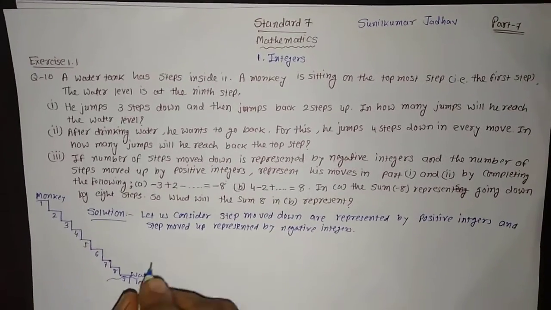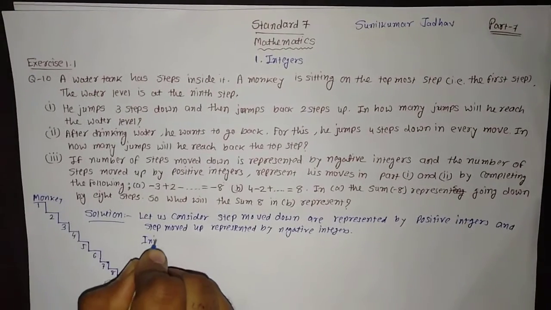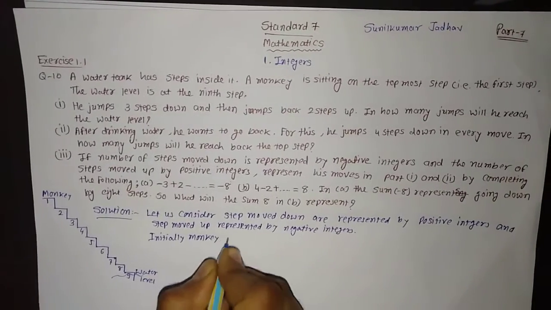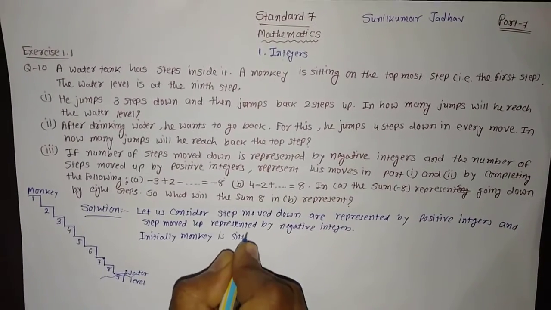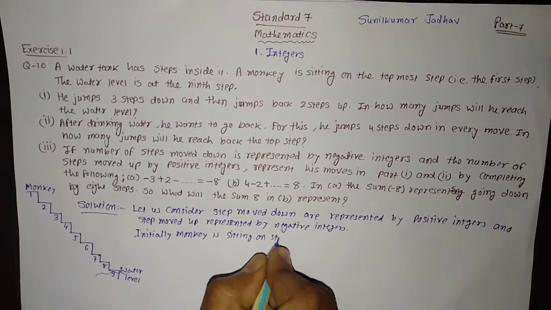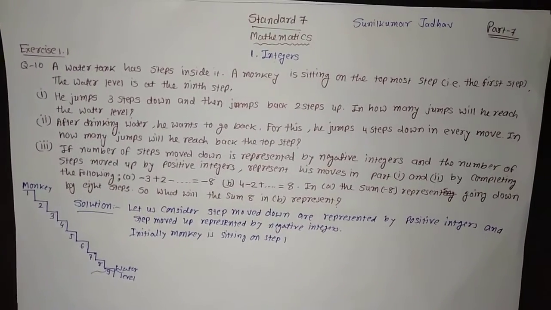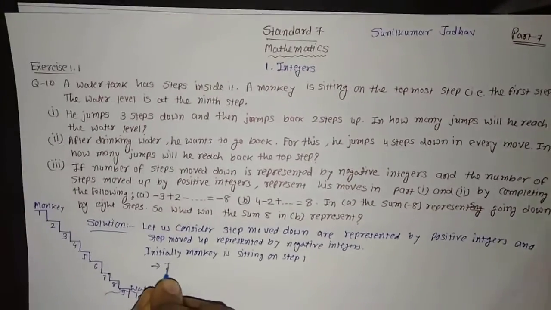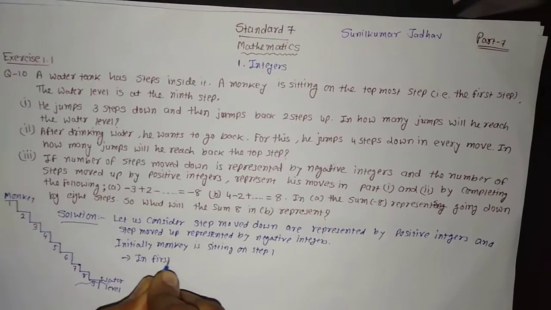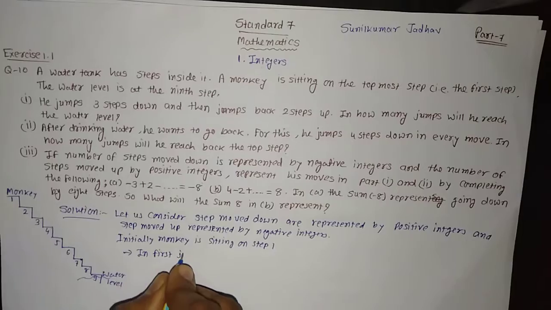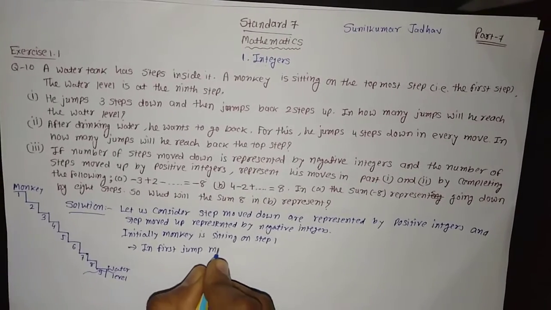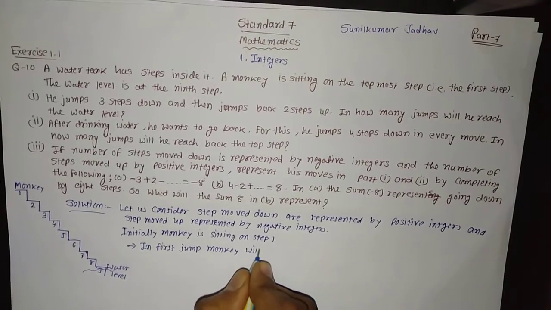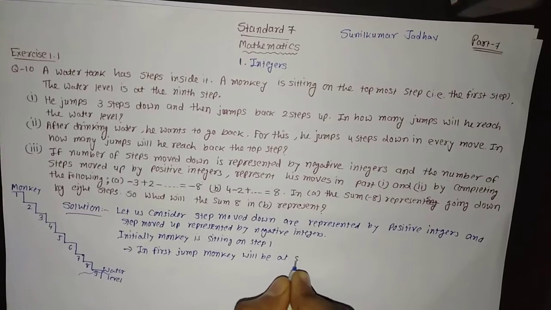Initially the monkey is sitting on step 1 and then he starts to jump. So in the first jump, where will the monkey reach?